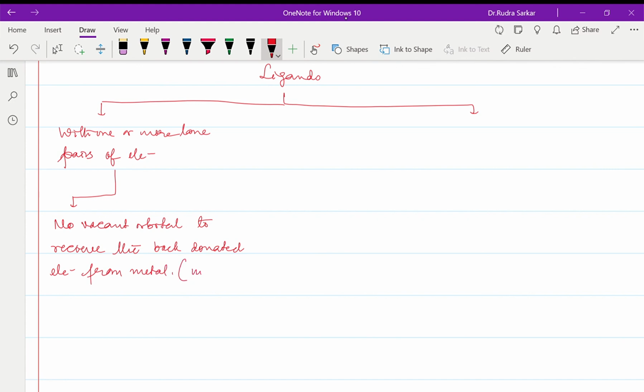So these are called innocent ligands, okay? Such as H2O, NH3, F minus, etc.